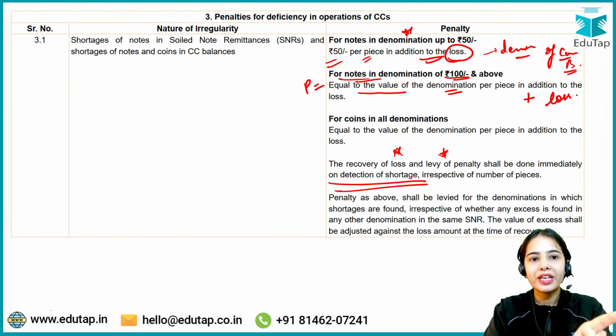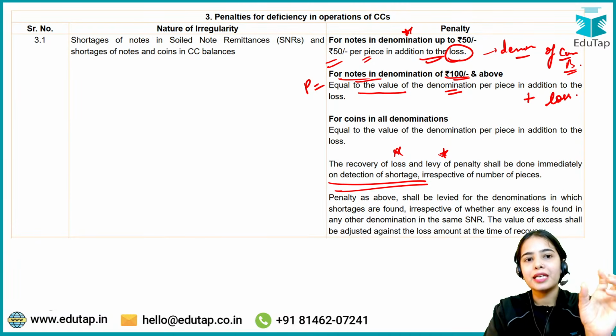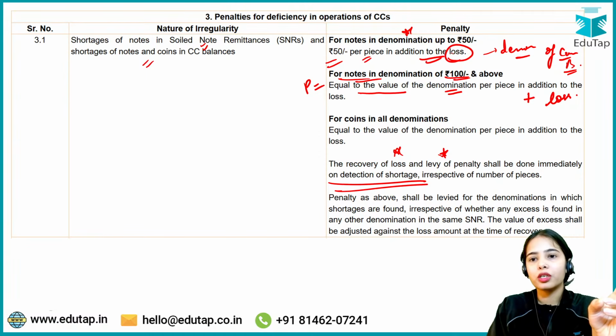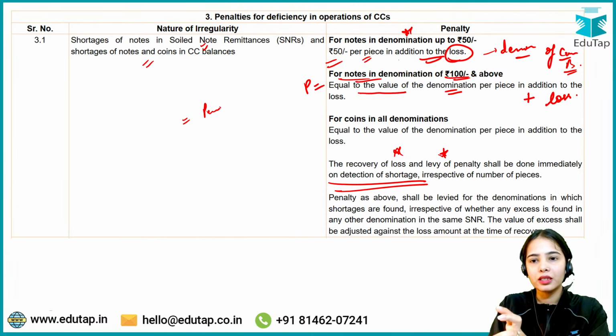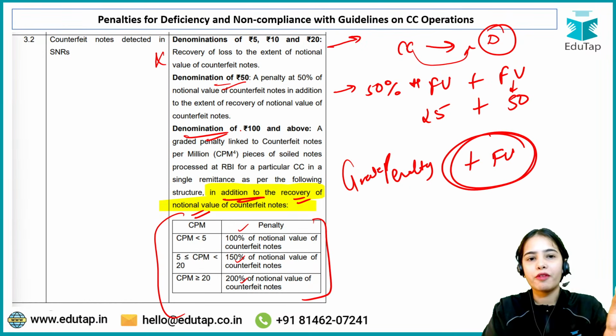Okay. Then when it comes to the nature of irregularity and shortage of notes in soiled note remittances and coins, you have to remember the important points: 50 rupees per piece in addition to the loss, or for notes in denomination of 100 rupees, equal to the value of the denomination. Okay, this is the penalty plus the loss. So these kinds of important data you have to remember.